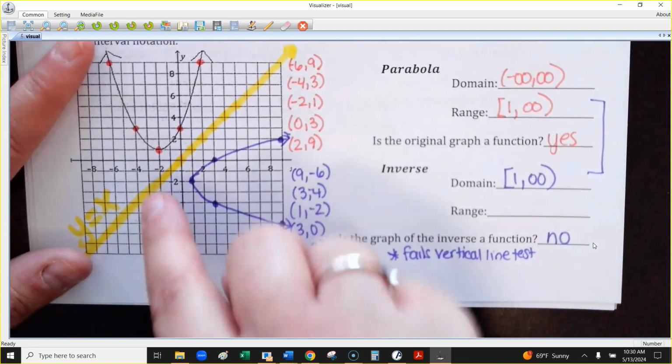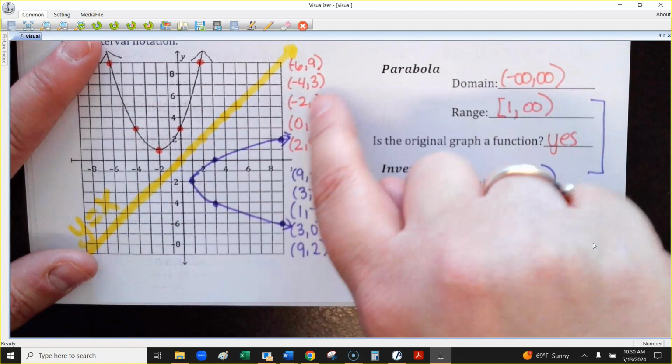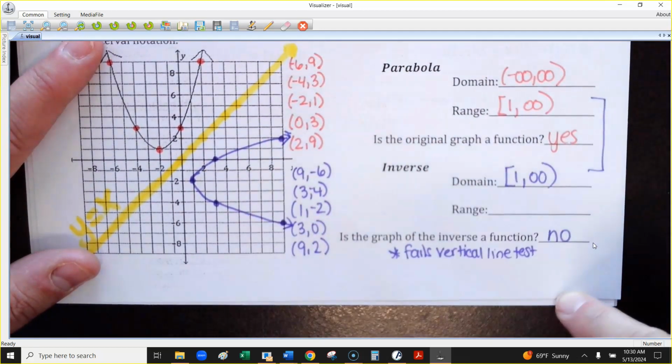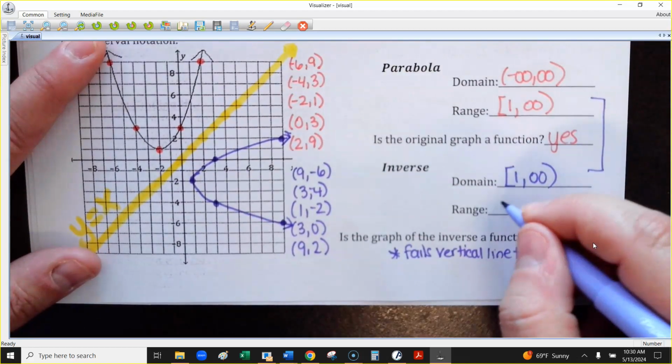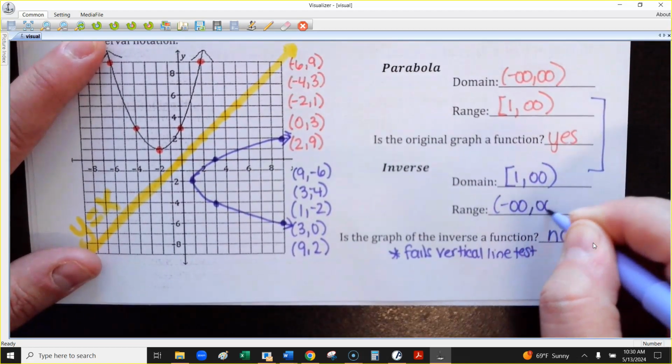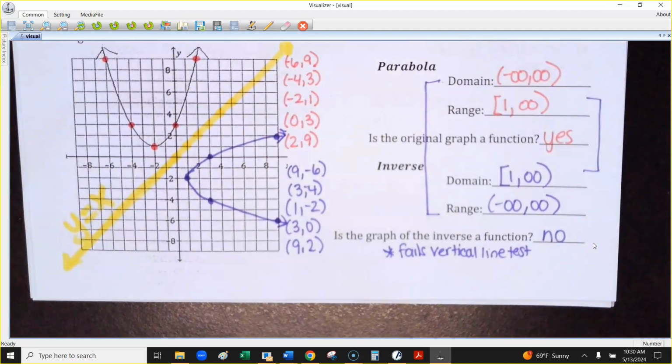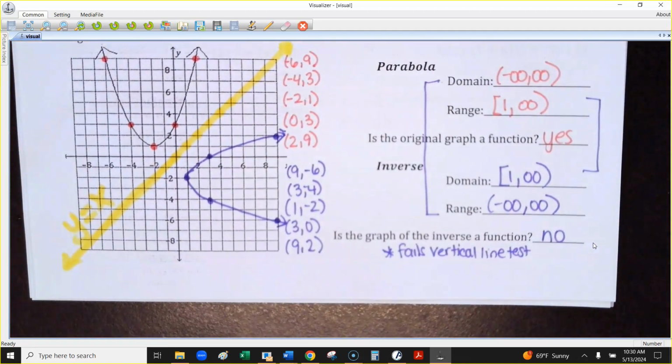And I know this is a little harder to see, but for the range, this goes really gradually. This would go up forever. This would go down forever. So the range is negative infinity to infinity, which should be flipped from the domain of the original. The domain of the original is the range of the inverse. The range of the original is the domain of the inverse.